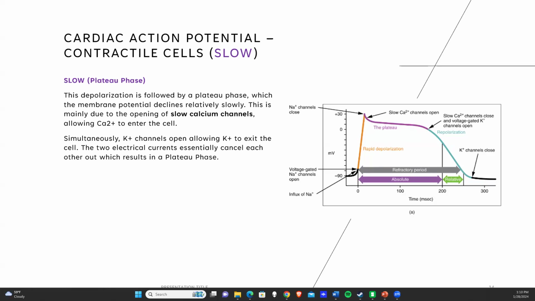This is a slow and gradual decline where calcium channels allow calcium to enter the cell slowly. At the same time, potassium channels open to allow potassium to exit the cell. The exchange basically cancels each other out, represented by that purple line, and creates that plateau effect.